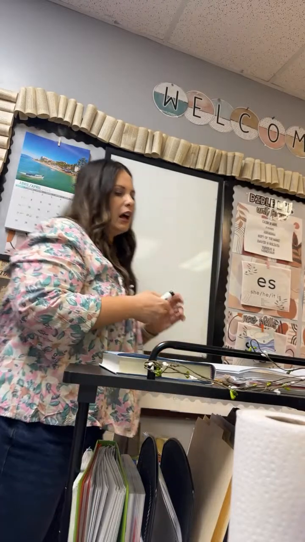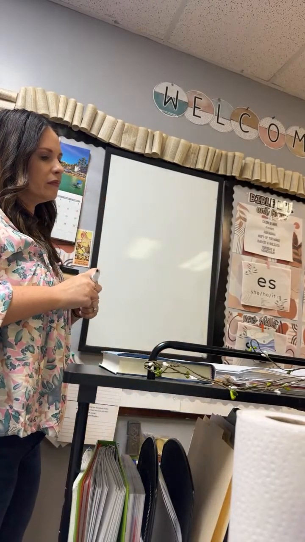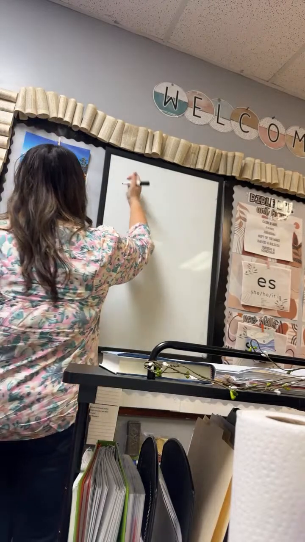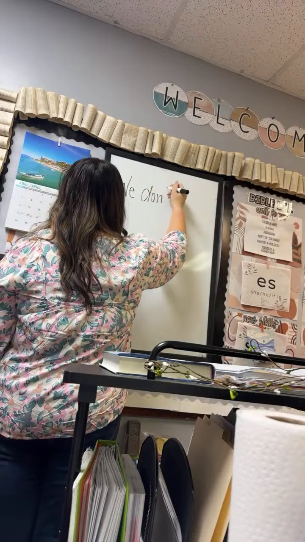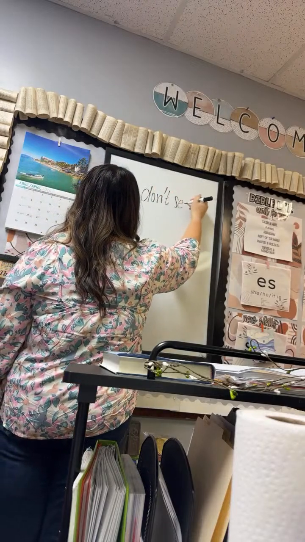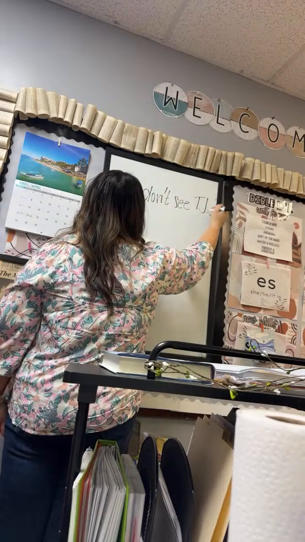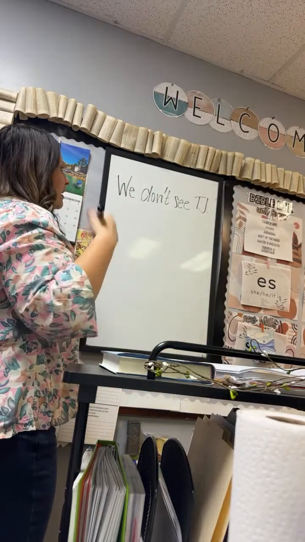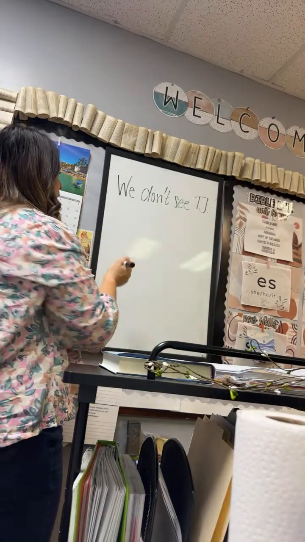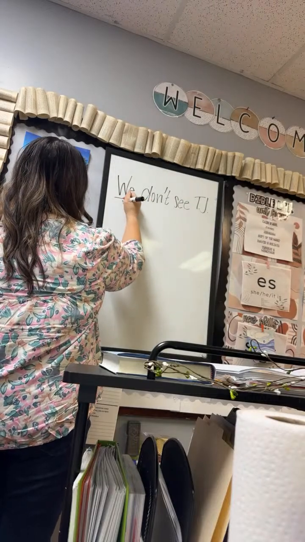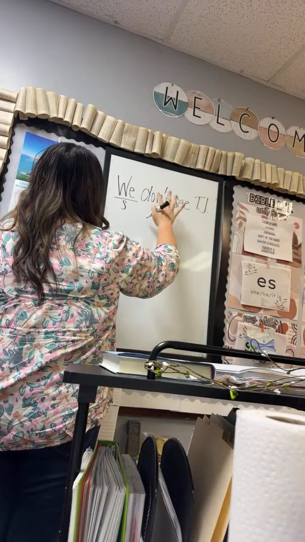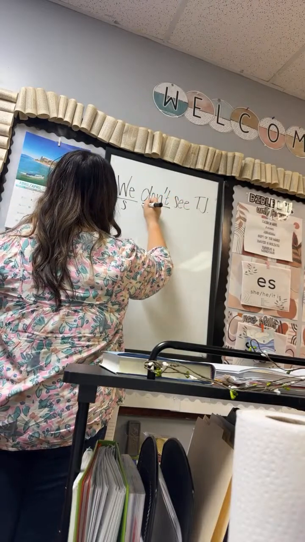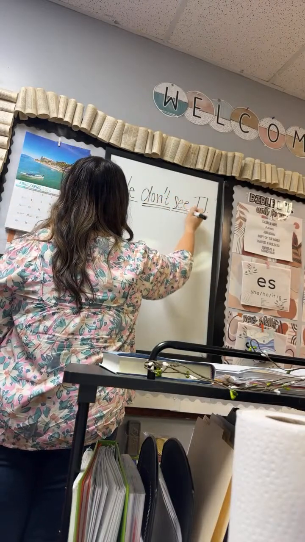So let me write a sentence up here. Let's say, you know how I like to use TJ's name in sentences because it's short: We do not see TJ. Okay, so let's go ahead and label the parts of the sentence. We know that we is the subject, right? Do not see, we're just going to call that all the verb.